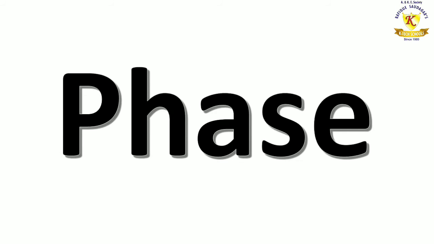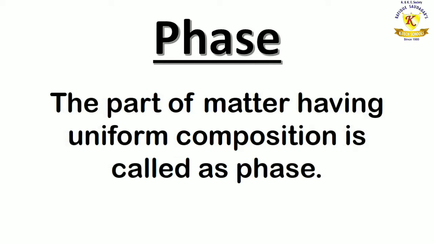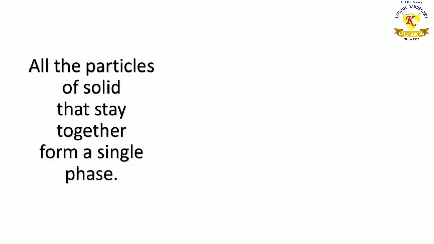Now, children, let us see what is a phase. The part of matter having uniform composition is called a phase. When the part of any substance is uniform, same, it is called a phase.